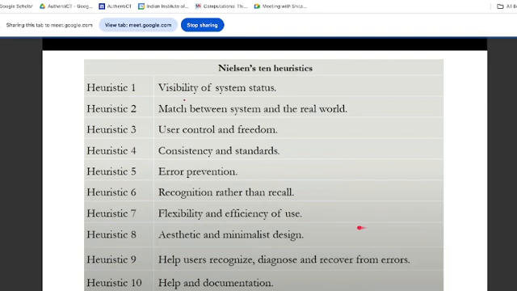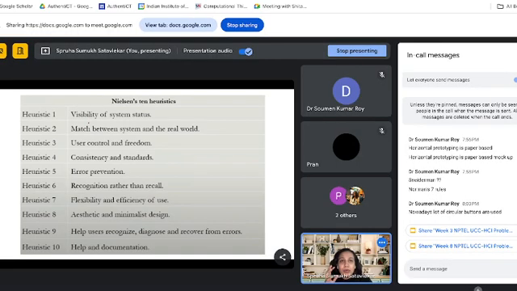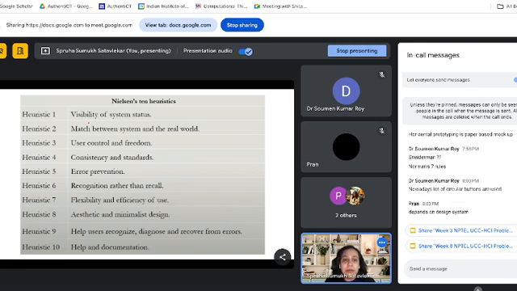Then there is aesthetics and minimalistic design. So cluttering should be avoided. Yeah, nowadays circular buttons are possible. Yeah, so it depends on which application, which screen the application is being viewed on. So in mobile applications, you may have seen some rectangular. Yeah, exactly.